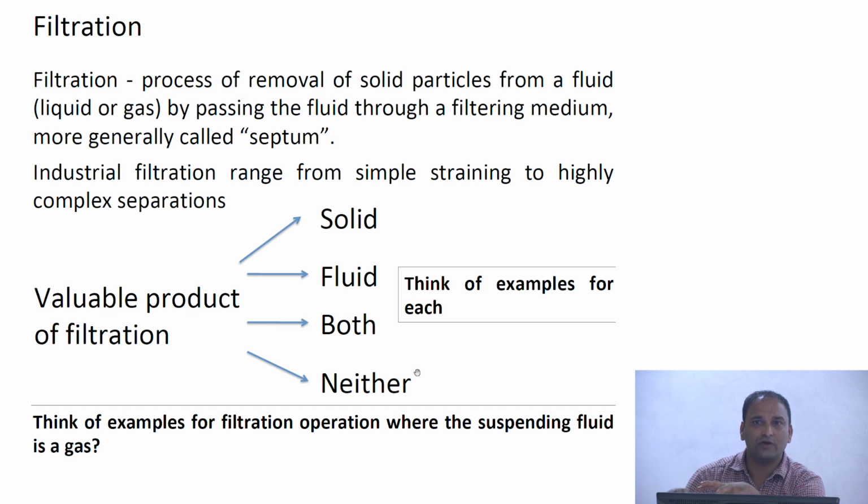So when you're doing that, neither the solid nor the fluid is useful. In the end they just want to dispose of it, but they don't want to dispose of it as a fluid-particle combination. They want to separate it out because there are certain after-treatment methods which are specifically suited for solids, and some which are specifically suited for the liquid.